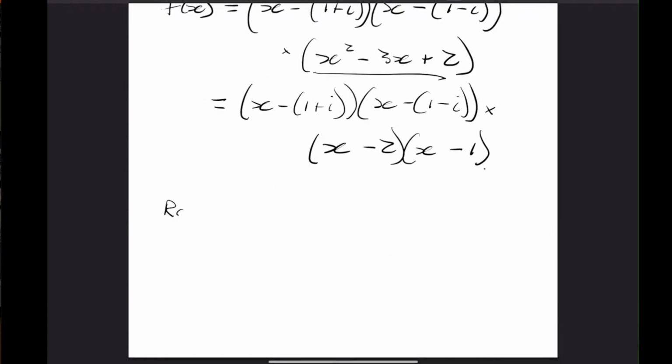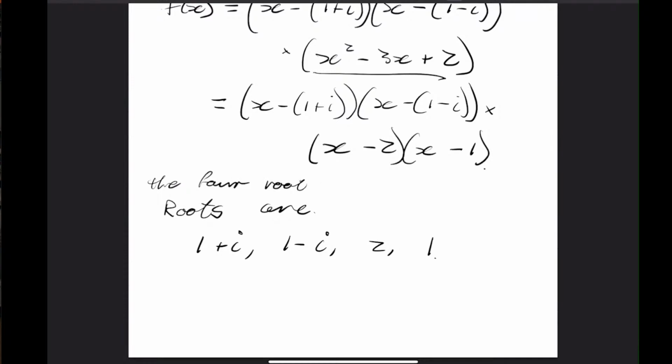So the 4 roots of f of x are 1 plus i, 1 minus i, 2, and 1.